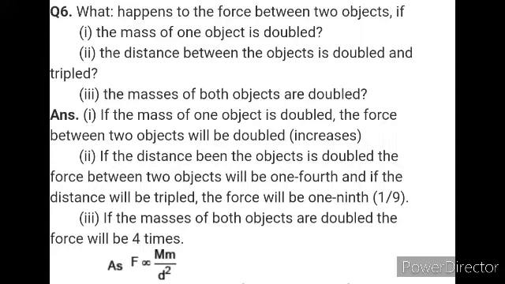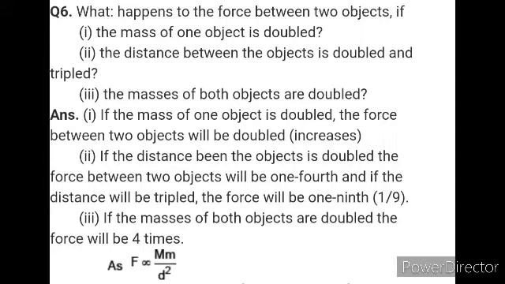So the answer is, if the mass of one object is doubled, the force between the two objects is also doubled. It means mass is increasing, so force definitely is going to increase. How much depends upon how much mass changes. Here the mass is doubled, so force will be doubled. If somewhere it is mentioned the mass is tripled, then definitely the force is going to be tripled.